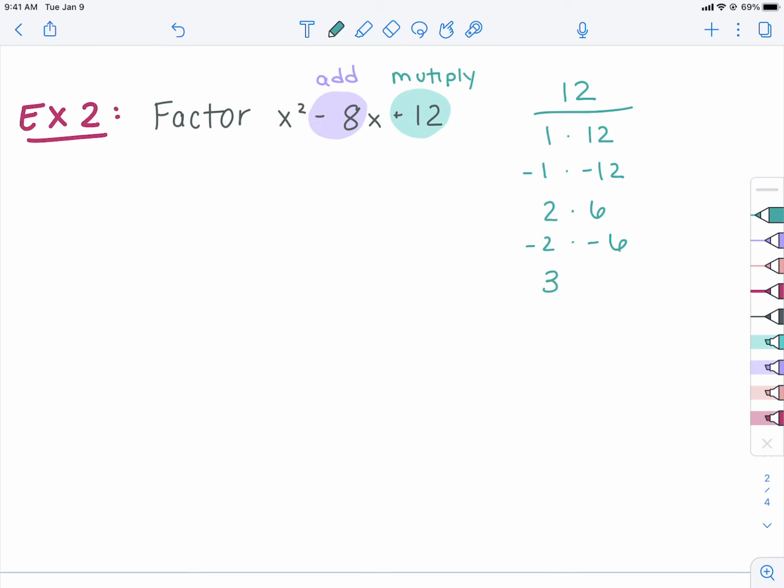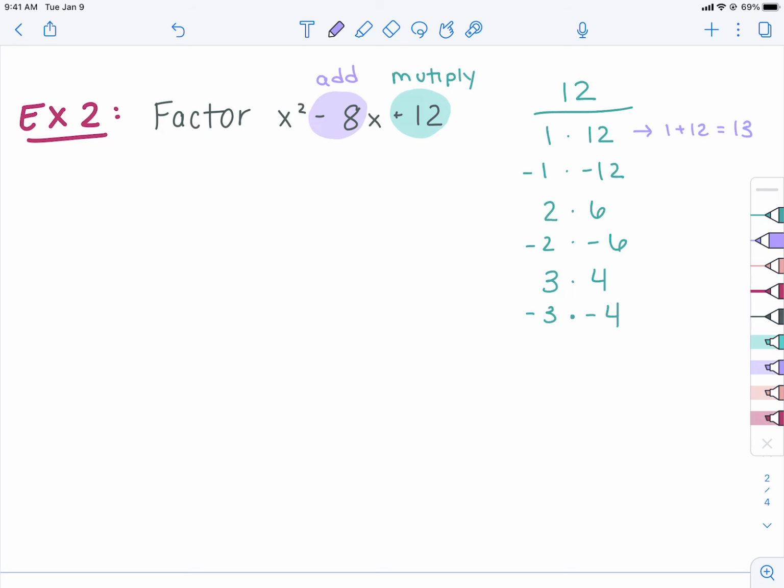Then 3 times 4, and now 3 and 4 are right next to each other, so I know I've found all my factors, but I also want negative 3 and negative 4. And now I want to look at all of my factors, and I want to add them together and see which one will give me negative 8. So when I add them together, if I do 1 plus 12, I'm getting 13.